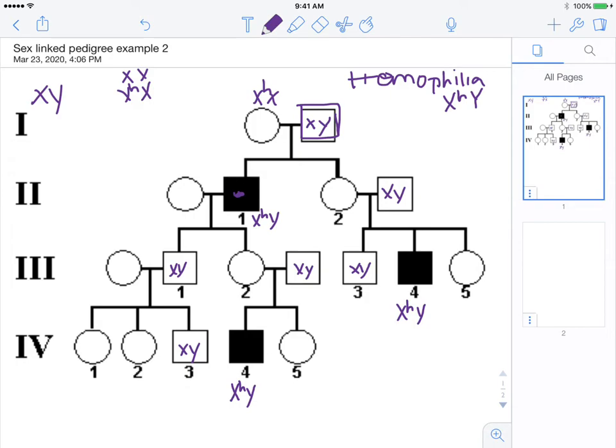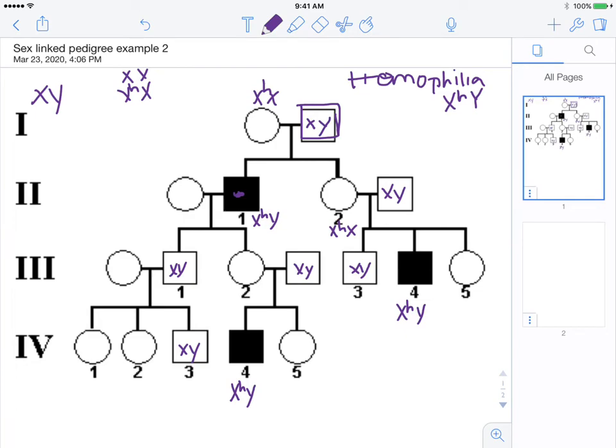The sons always get their X chromosome from their mother because they're getting their Y chromosome from their dad. And since individual number 4 in generation 3 is affected, we know that his mom must have at least one affected X chromosome. Because she doesn't show the trait, she must also have an unaffected X chromosome. So we know that her genotype is XHX.